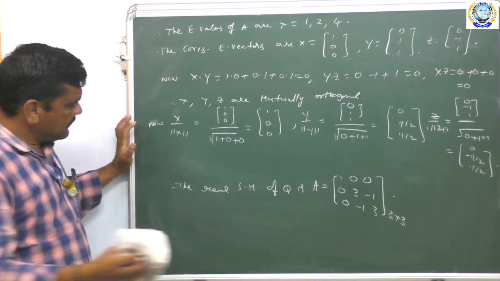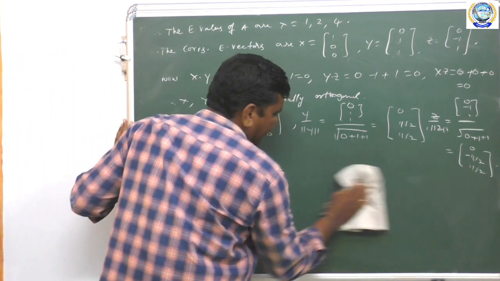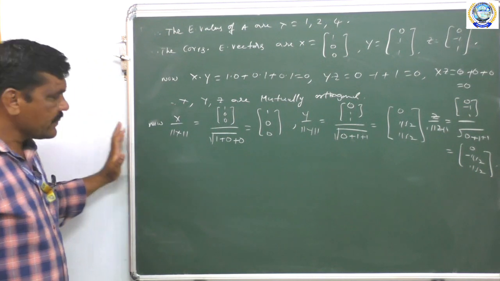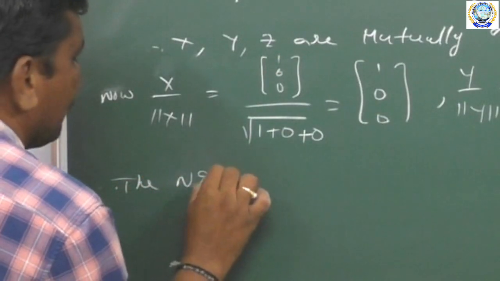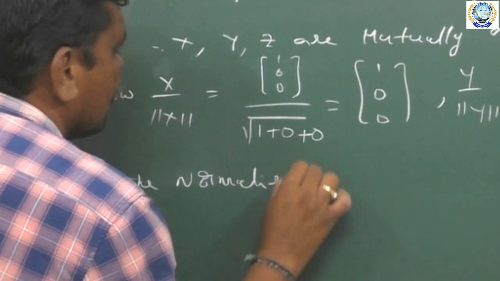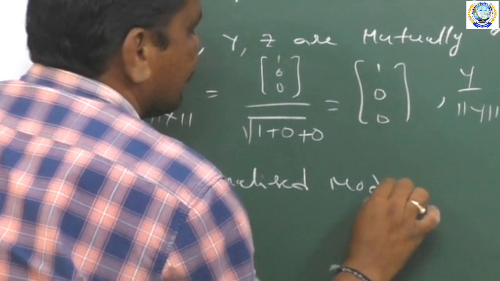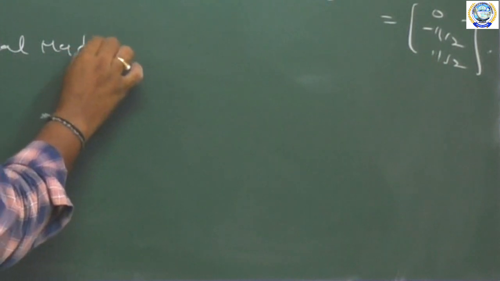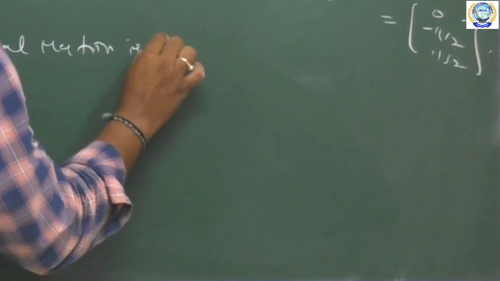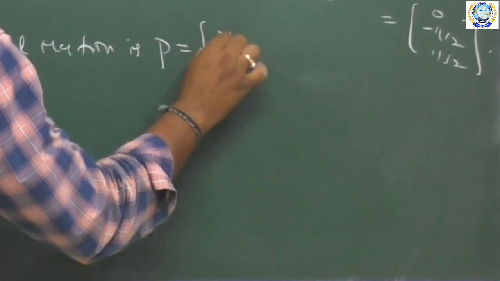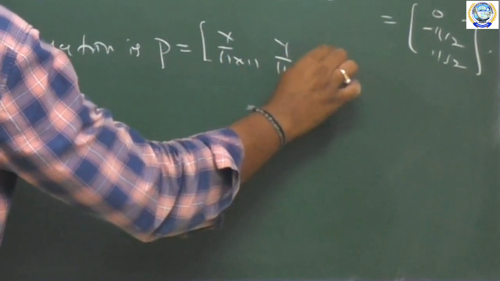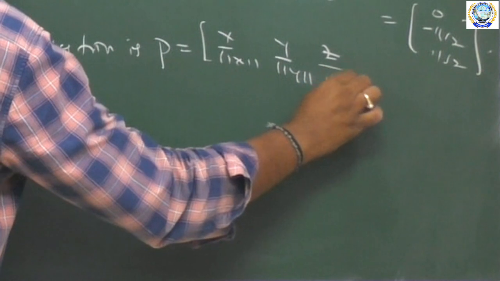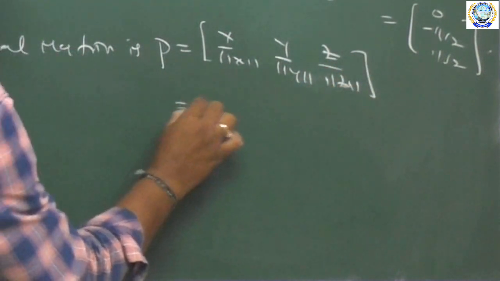After getting these normalized eigenvectors, we get the normalized model matrix. Therefore, the normalized model matrix is P is equal to x by norm x, y by norm y, z by norm z.